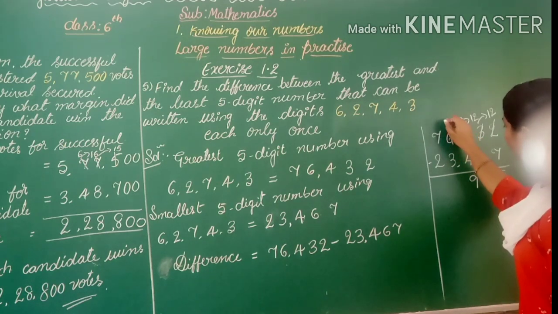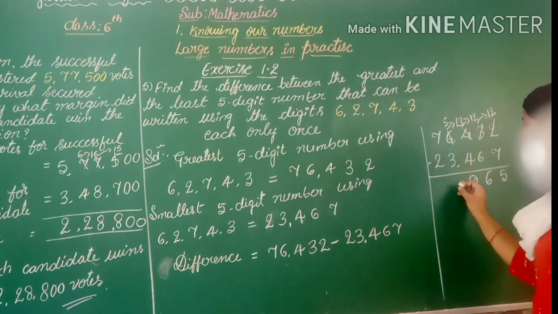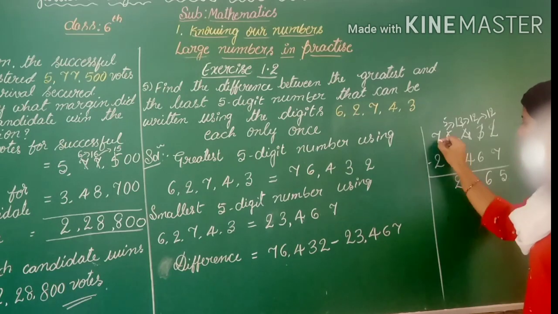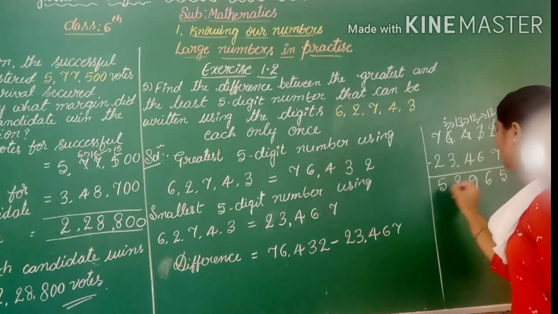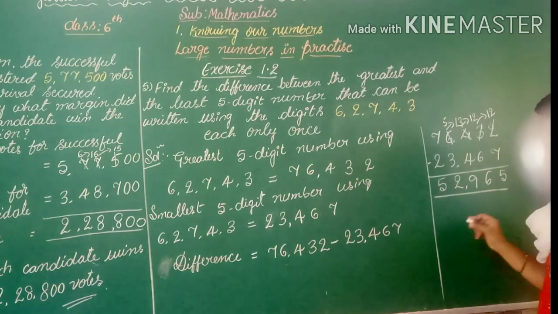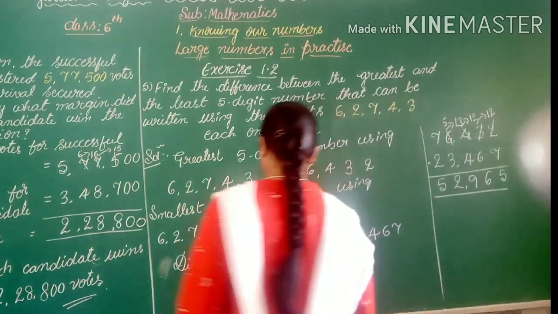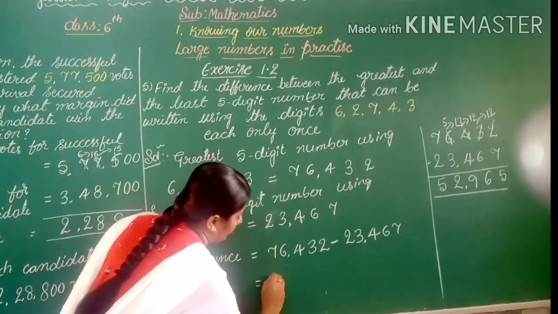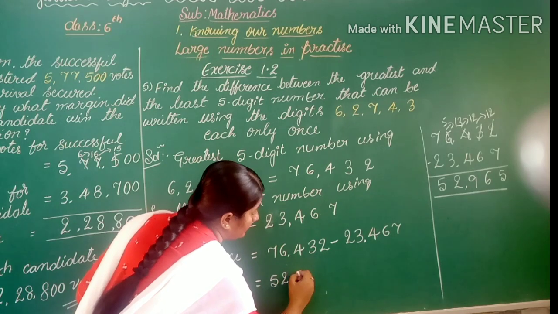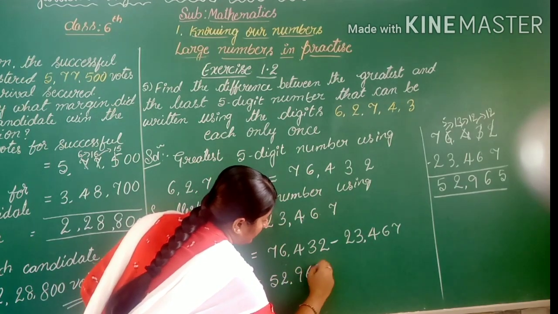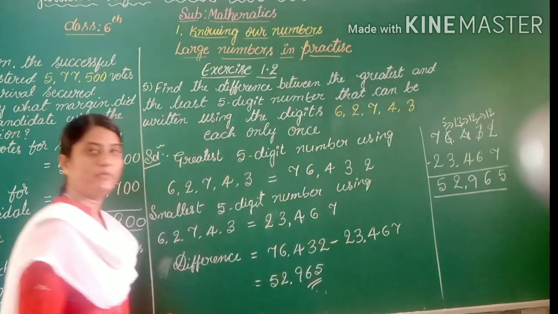Then 5 minus 3 is 2. Then 7 minus 2 is 5. What is the difference here? That is 52,965. Okay, is it clear?